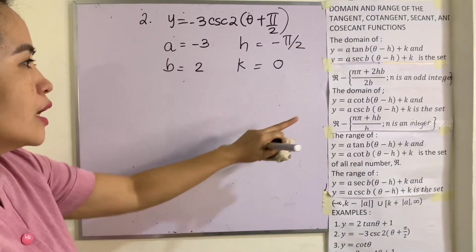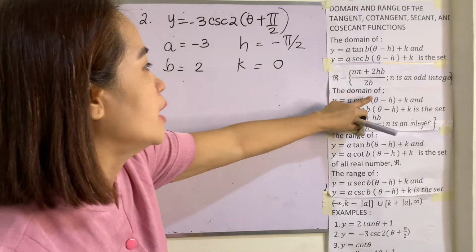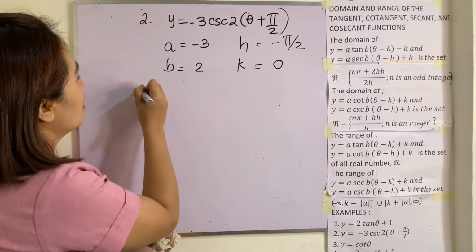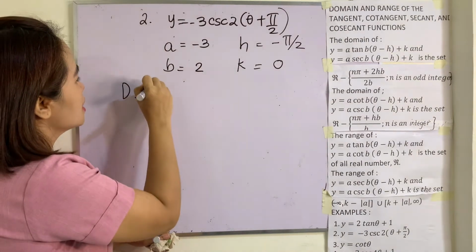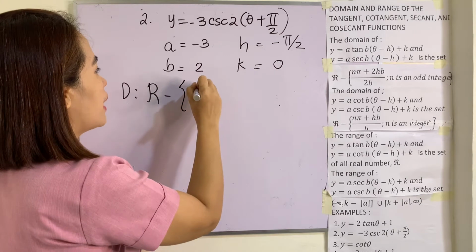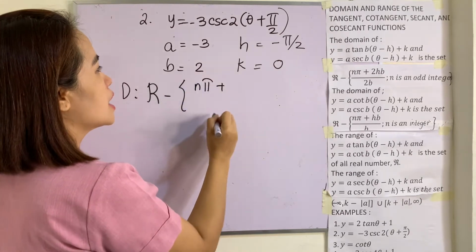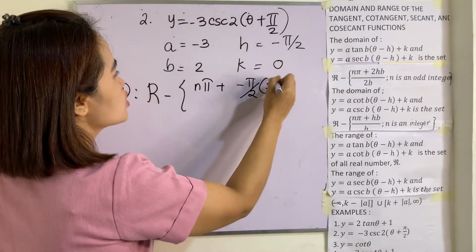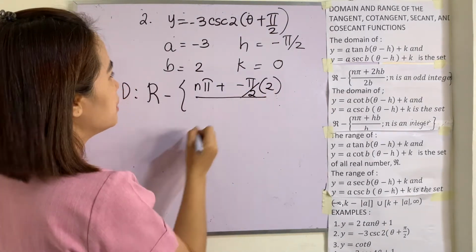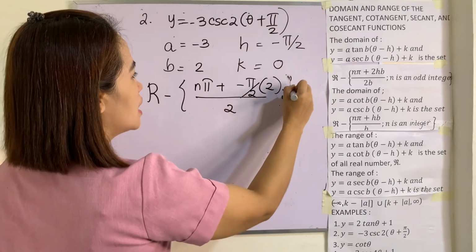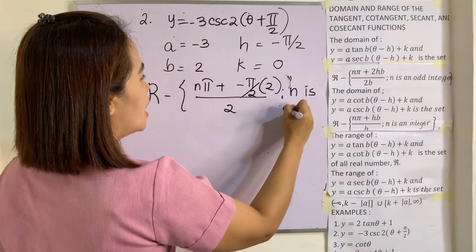To find the domain, it says here, the domain will be this one. So we have, the domain will be the set of real numbers minus nπ plus hb, h is negative pi over 2 times 2 divided by b, which is 2, where of course n is an integer.